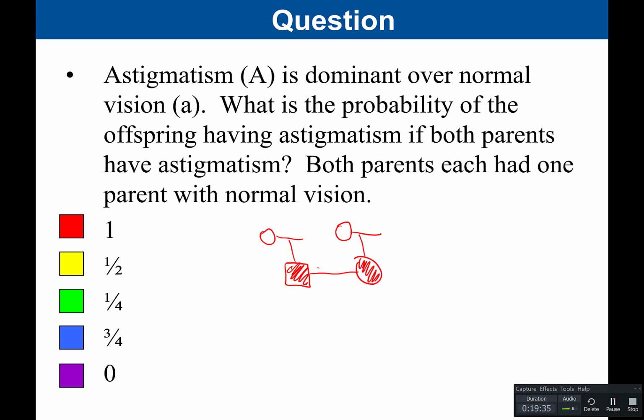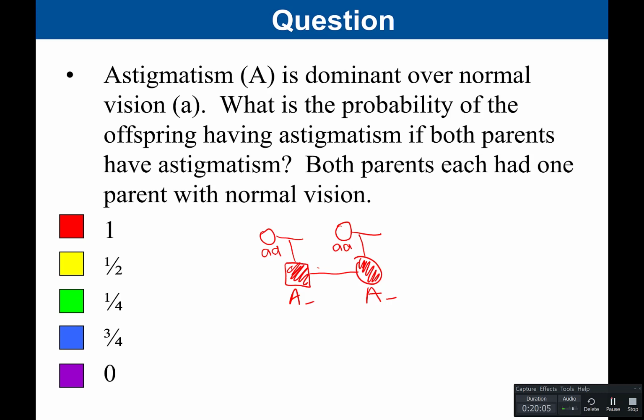All right, so here is our pedigree. We have 2 parents that both have astigmatism, and they each have a parent with normal vision. Notice that the parent is drawn, not filled in. So now we need to figure out what the genotypes are. If this is a dominant trait, we know that the filled in ones are big A something.